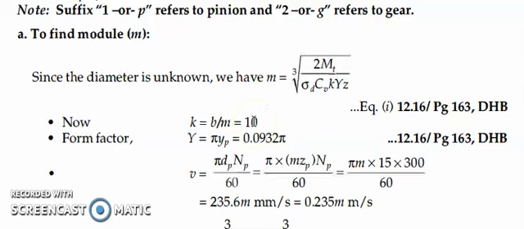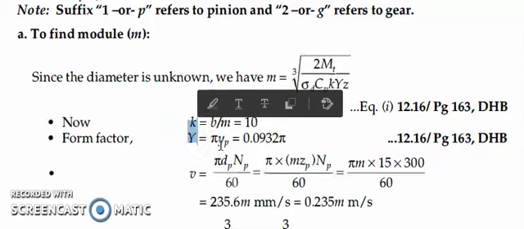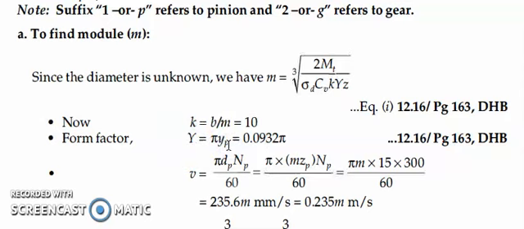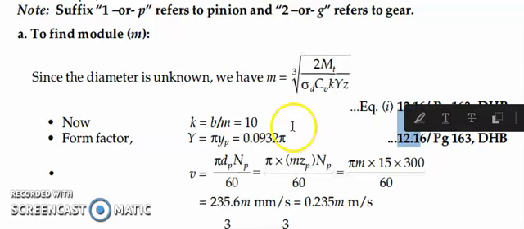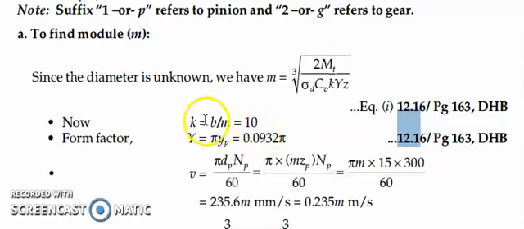That is the face width b by m, and form factor capital Y is pi into yp, where yp is what we already calculated in step 1. This equation is also in table equation 12.16. So using these equations we can find k, Y and v.